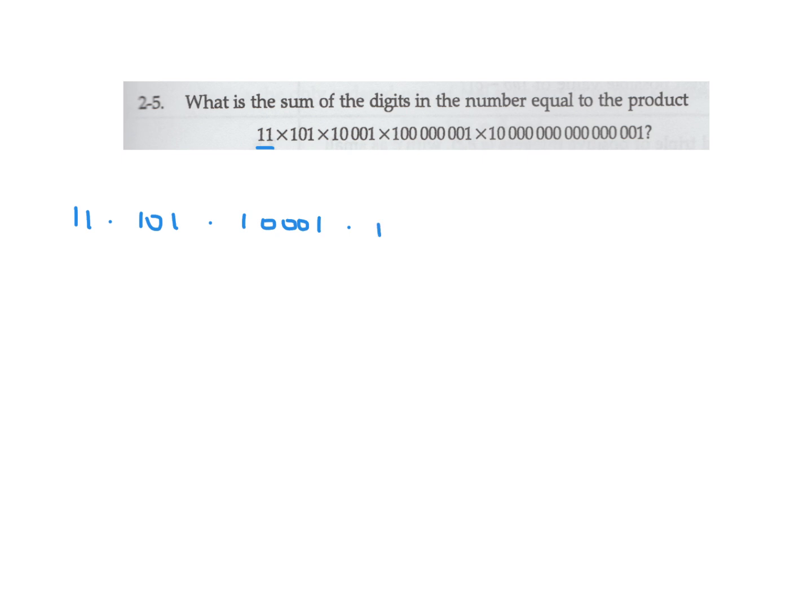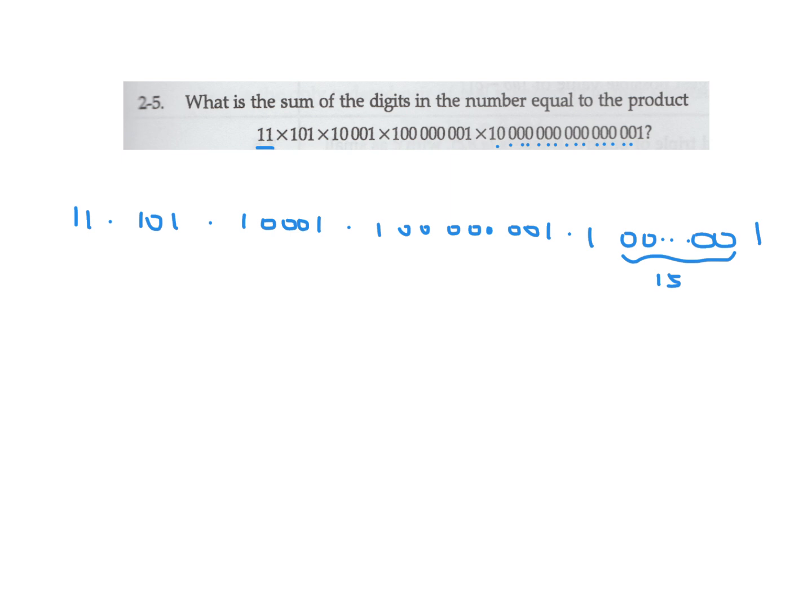Then we have 100000001, and then finally we have this. Oh boy, how many? 1, 2, 3, 4, 5, 6, 7, 8, 9, 10, 11, 12, 13, 14, 15. So 15 zeros.